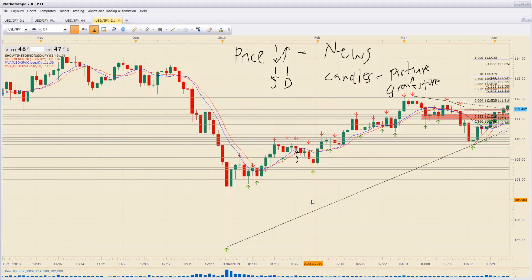Then let's look at indicators. I'll put it right here. What are indicators? Indicators are calculated price points, I guess you can say that. Indicators indicate.